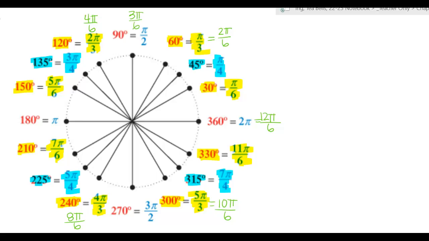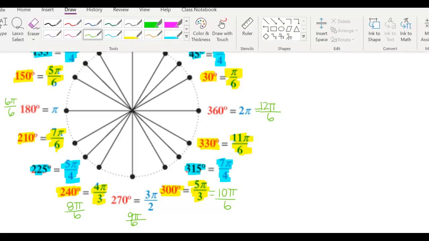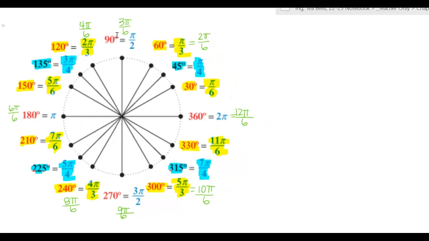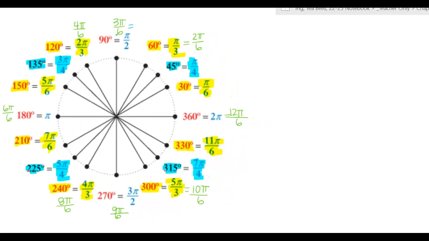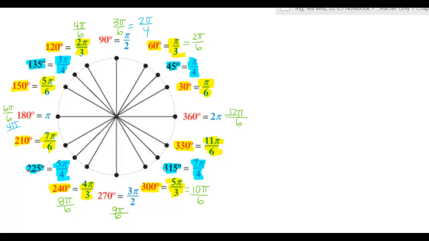This one would be 6 pi over 6, 9 pi over 6. Then when we think about it in terms of 45, this is 2 pi over 4, you've got your 3 pi over 4, this is 4 pi over 4, 5 pi over 4, 6 pi over 4, 7 pi over 4, and then this would be your 8 pi over 4.